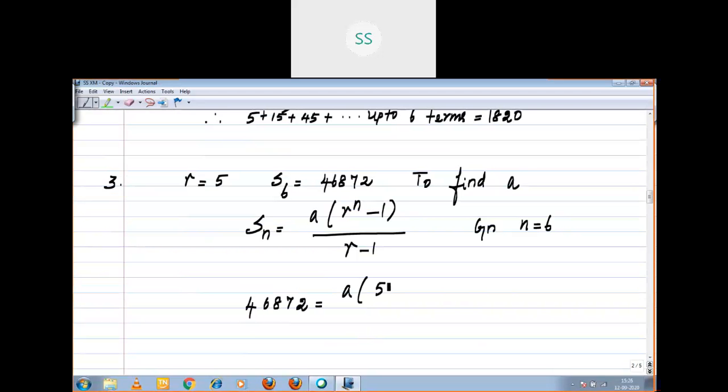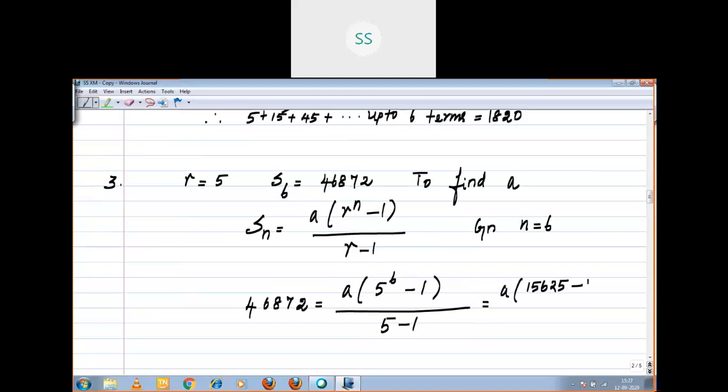Now, 46872 equal to a into 5 power 6 minus 1 divided by 5 minus 1.